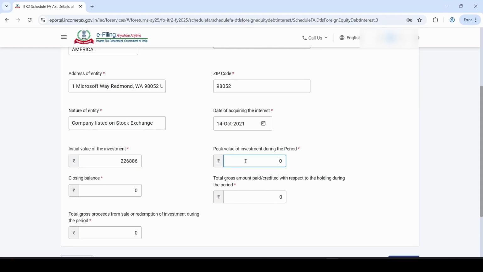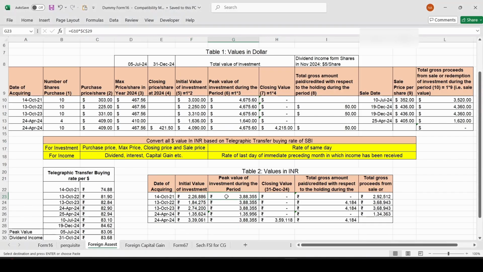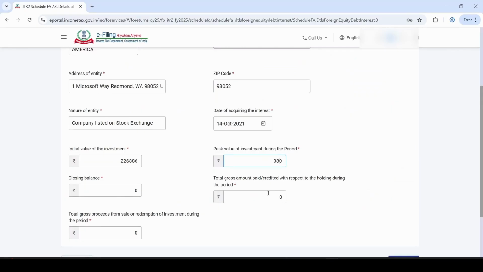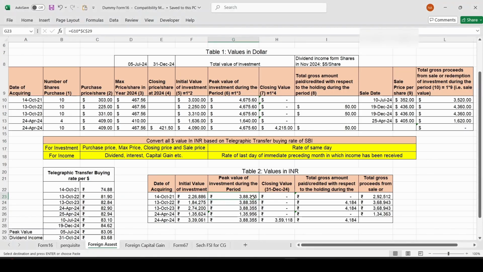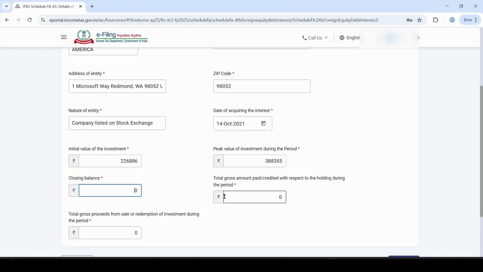Peak value of investment. So our peak value in investment in INR is 3,88,355. Closing value is 0. Closing value will be 0 because we sold the shares. Here we need to provide gross amount paid or credited in respect of holding.